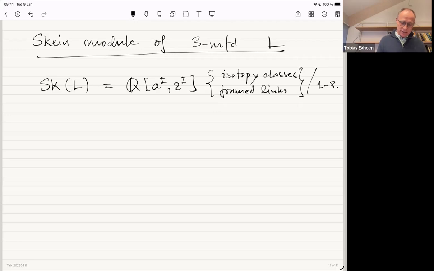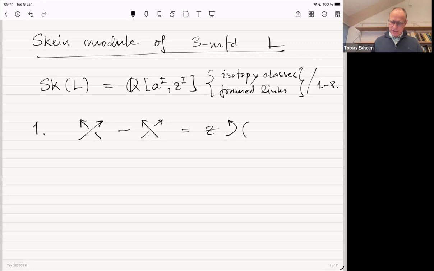So the first relation is the following. You have some framed link in your manifold, and we think of it as having blackboard framing. So take the normal vector field in the projection that I'm drawing. So this one is equal to Z times this guy.